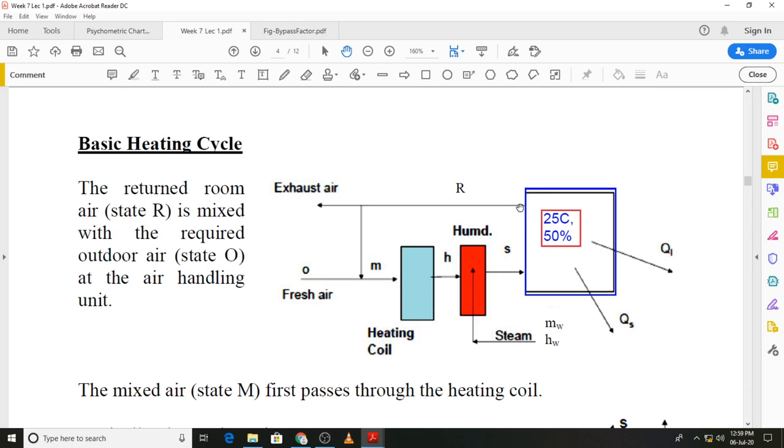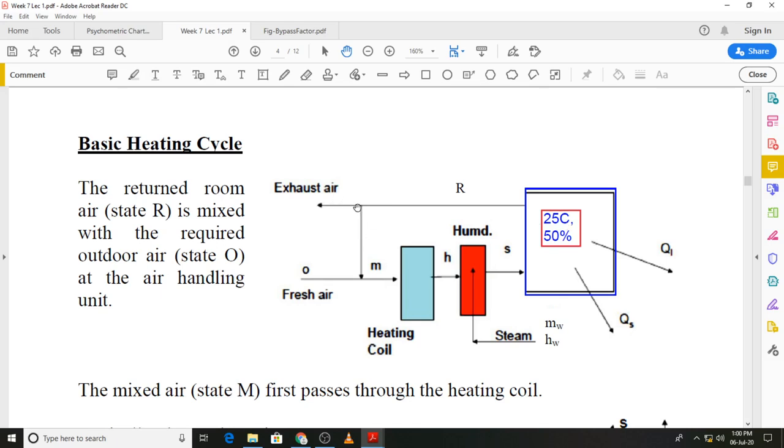Then the air in the room will be returned or recirculated to the heating coil, and it is humidified, so that we have a constant cycle in which the heated and humidified air comes into the space, maintains it at the desired temperature, and when this air loses latent and sensible heat, it still maintains the desired conditions in the space.